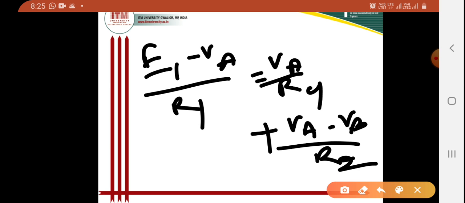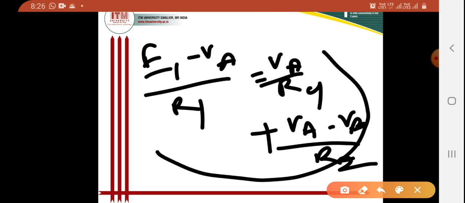Clear? By substituting the values of I1, I4 and I2 in I1 equal to I4 plus I2, the equation becomes E1 minus VA by R1 is equal to VA by R4 plus VA minus VB by R2. Understood?